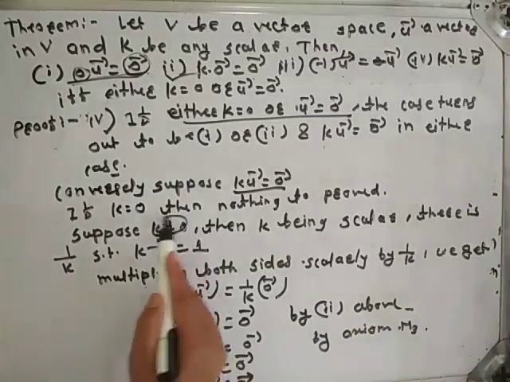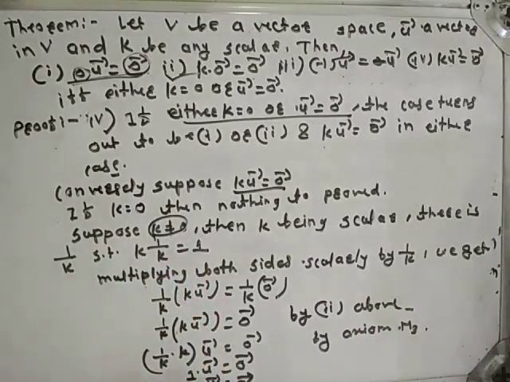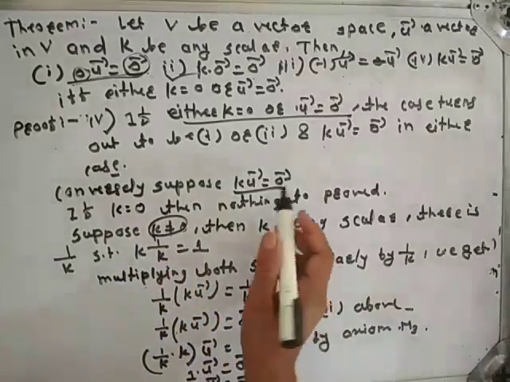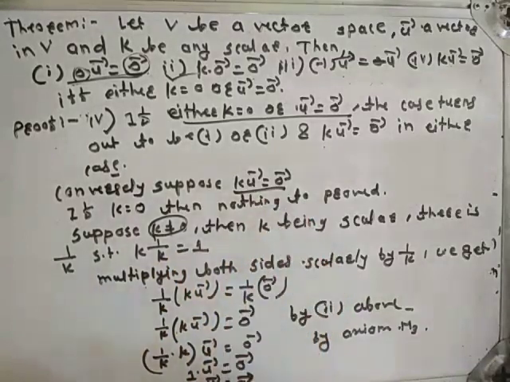Means if k is not equal to 0, then we will get u bar is equal to 0 bar. Means if k into u bar is equal to 0 bar, then either k is equal to 0 or u bar is equal to 0 bar. This is by M4.